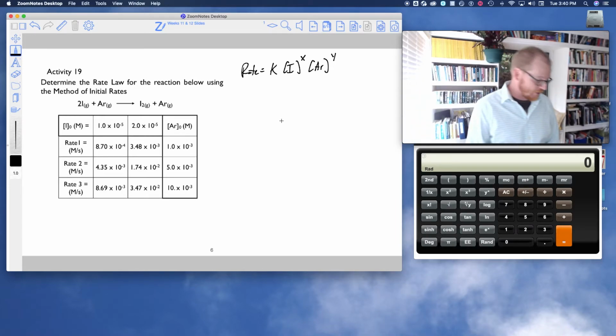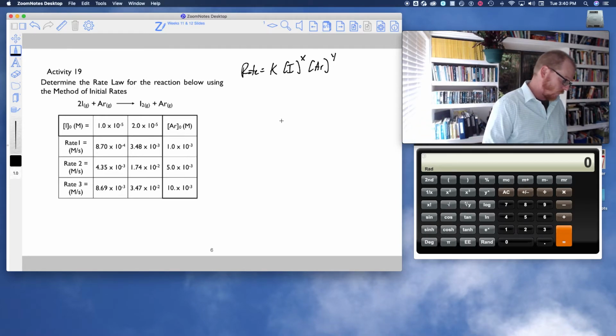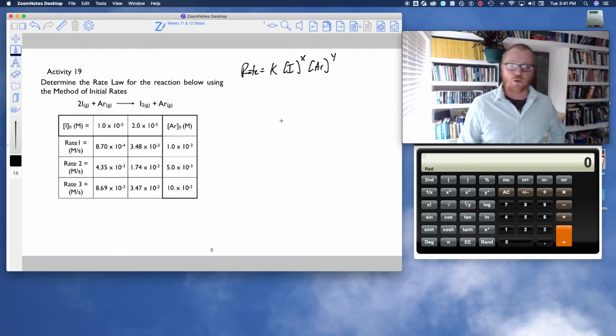So that gives us 3 experiments, and you're going to see that now, okay? And so the way I can start systematically figuring these out via this method of initial rates is by doing the following. If I pick a set of data, so for example, I'm going to start with this first rate of reaction, okay? And I'm going to write that down.